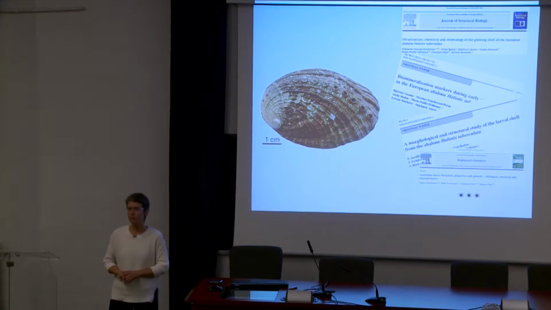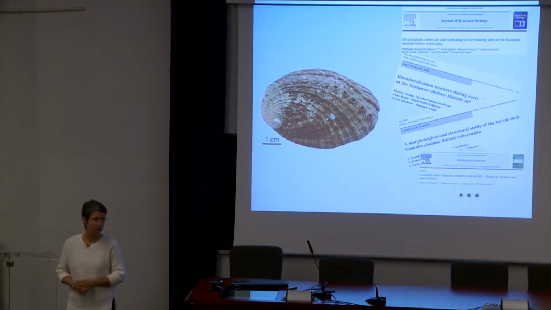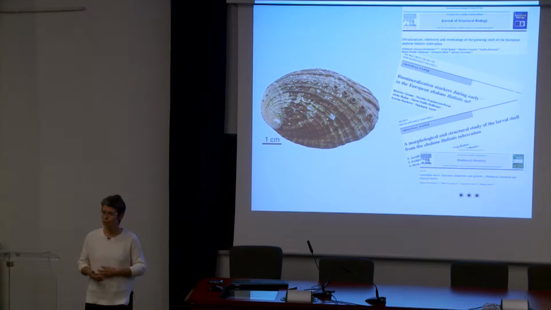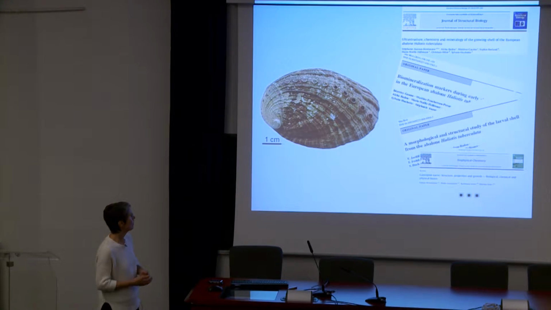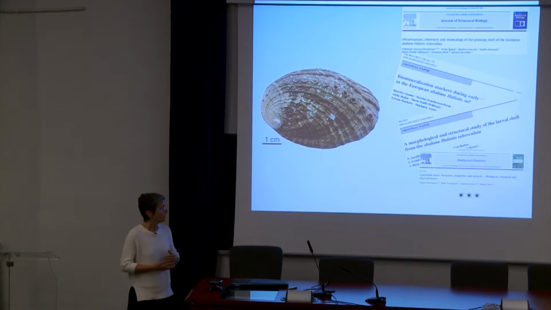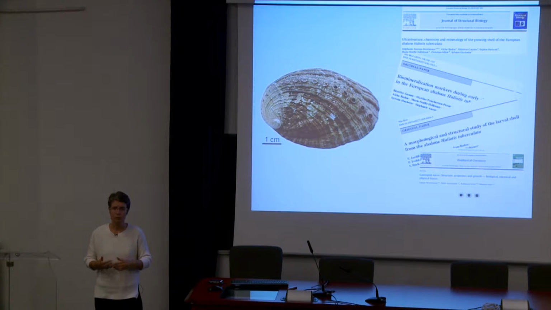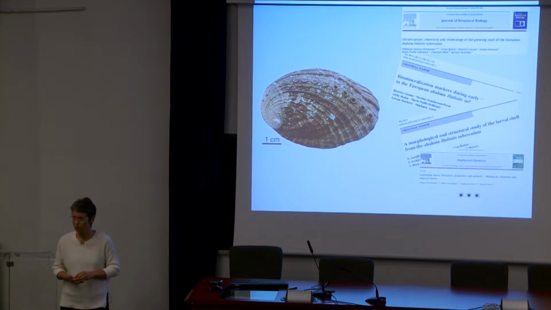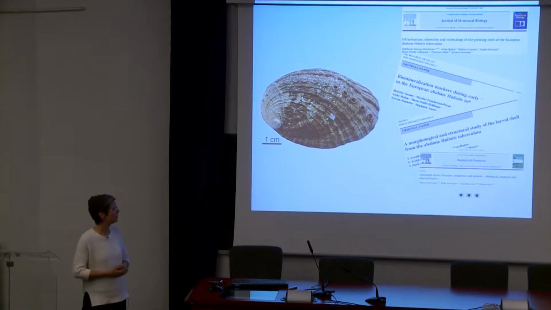As you can see, there are already some studies on the microstructure, the mineralogy, and the composition over the shell development of the abalone. Nevertheless, the role of the mantle cells in the precipitation of a given microstructure still remains to be clarified.